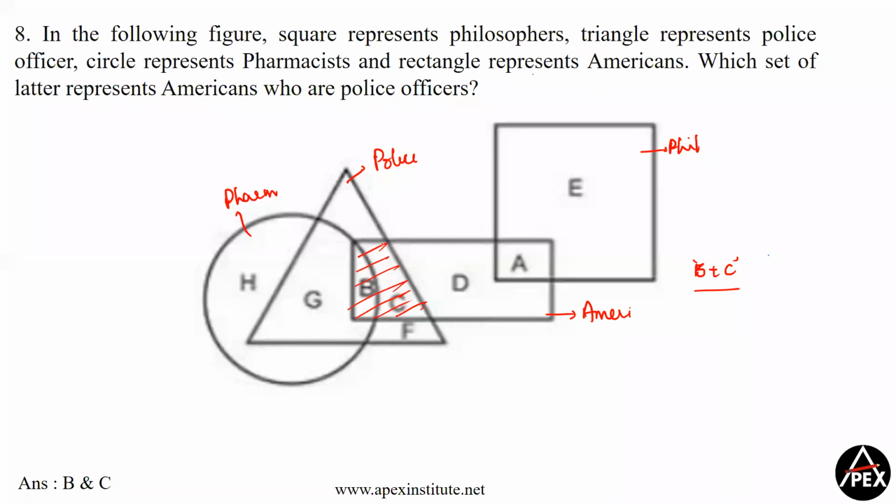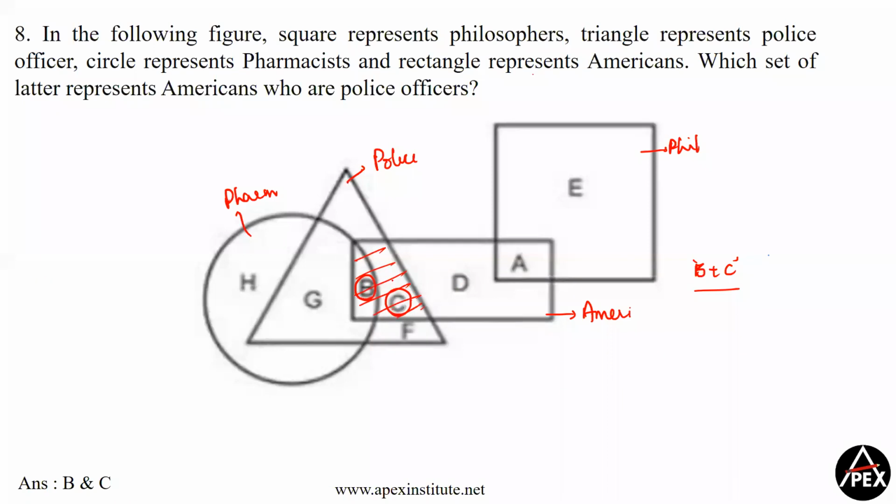Because guys, please do understand this. You need to find the region common between Americans and police officers. So I can say that this region B represents police officers as well as Americans. They represent pharmacists, it's okay. And this C also represents Americans and police officers, isn't it?